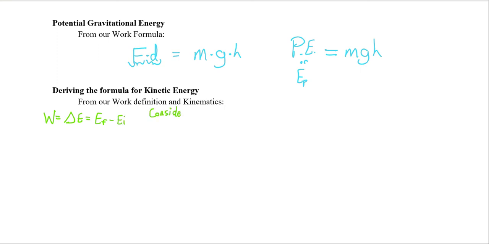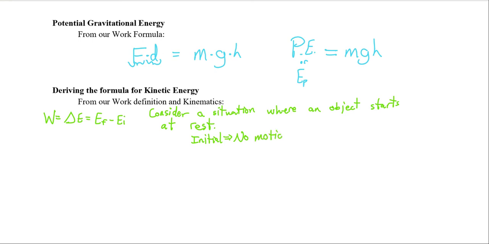Now, if we consider a situation where an object starts at rest, our initial portion has no motion because it's not moving. And no motion means no kinetic energy, or KE, as I'm going to shorten it. So that means our initial energy is 0.